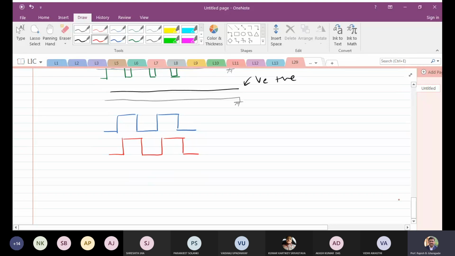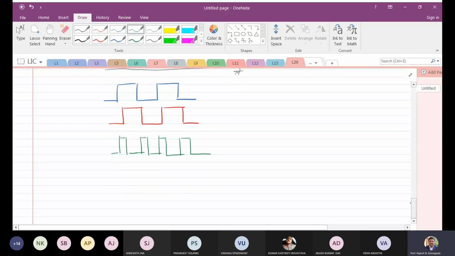How will the output waveform be now? See that? So now, what do you see?